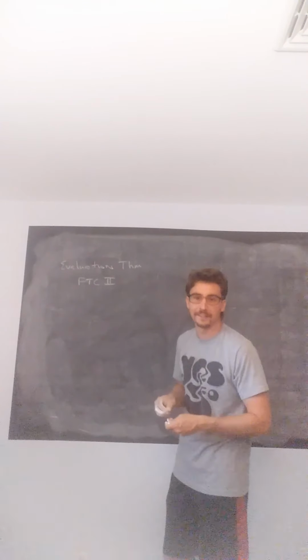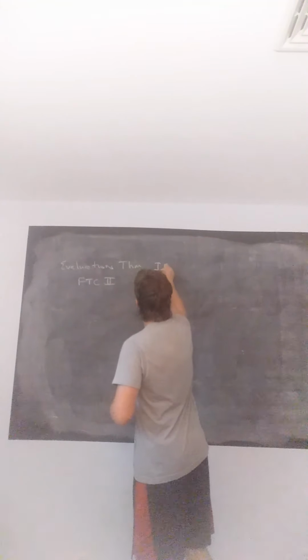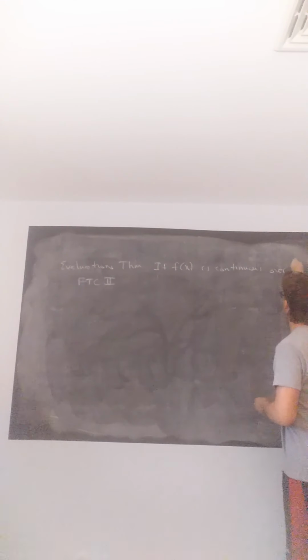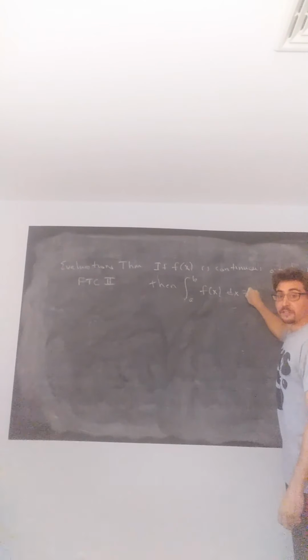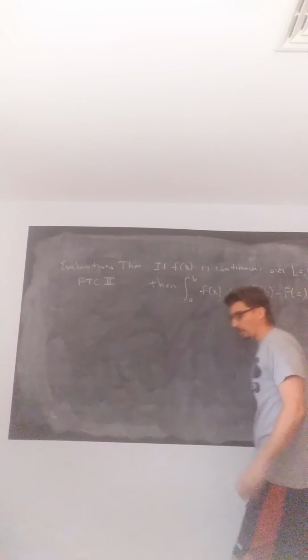But the evaluation theorem later, 1660s, 1670s, brought to you by Newton and Leibniz, says the following, that if f of x is continuous over the closed interval from a to b, then what we know is if we want to integrate f of x from a to b, it's as simple as taking the antiderivatives and evaluating them at their endpoints.